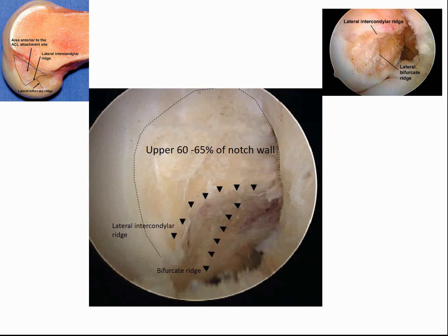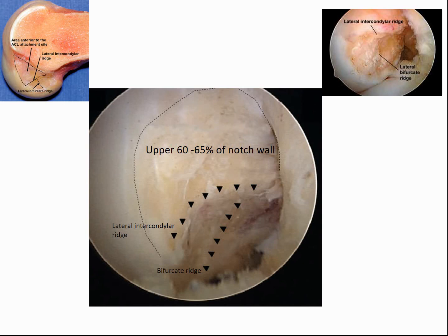In this picture you can see that the lateral intercondylar ridge limits the upper margin of the ACL footprint, whereas the bifurcated ridge separates the AM and PL bundle.